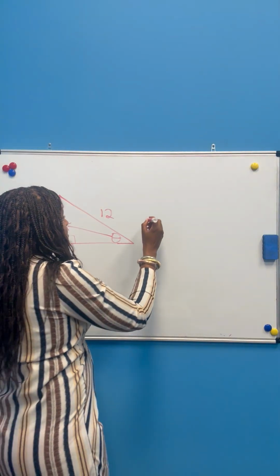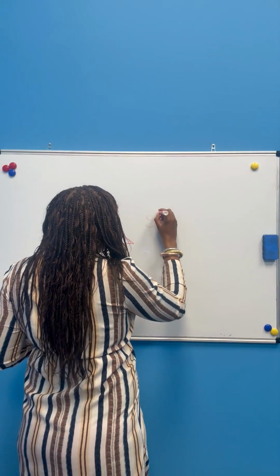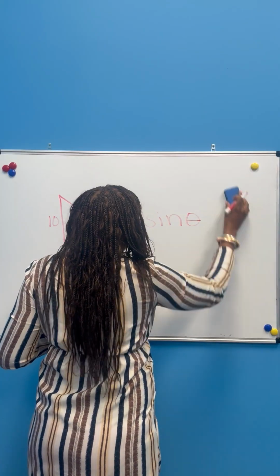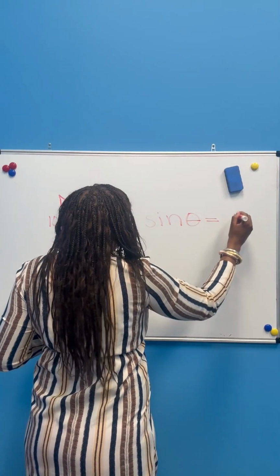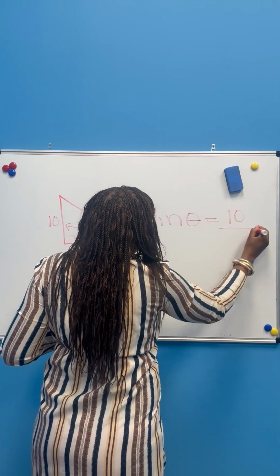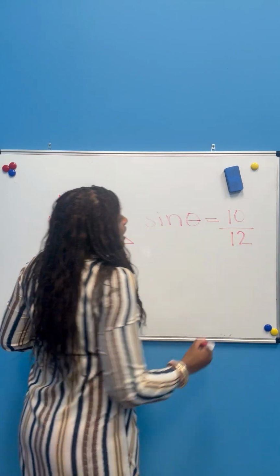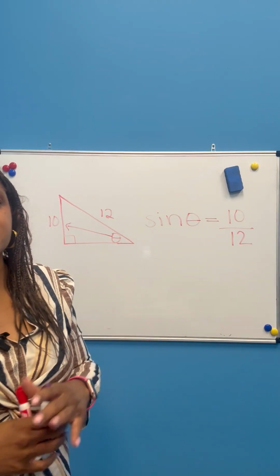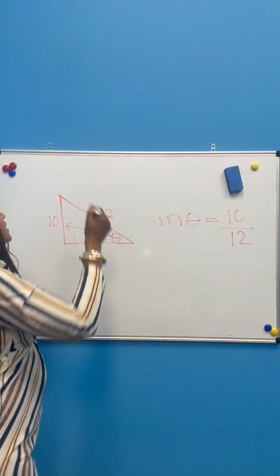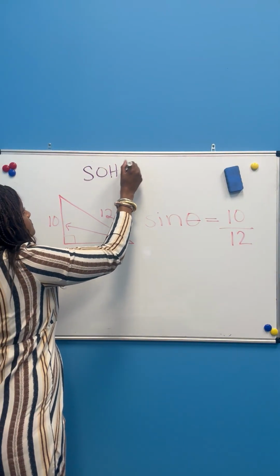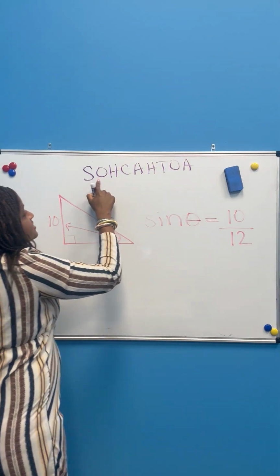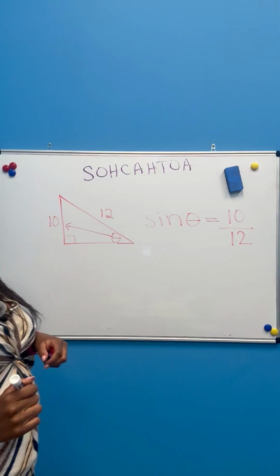So in this case, we're looking for theta, the angle, and opposite is 10, and hypotenuse is 12. You are going to use sine for this because if you remember SOH CAH TOA, if you have the opposite side and the hypotenuse, you need to use sine.